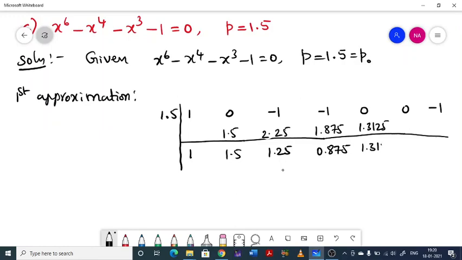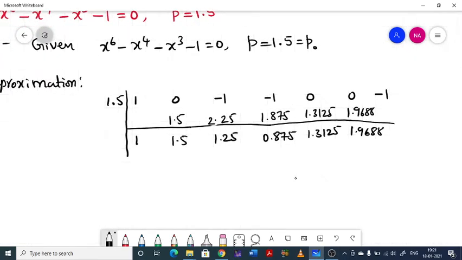Same thing, multiplying 1.9688, for minus 1, the product will be 2.9532, that is 1.9532.